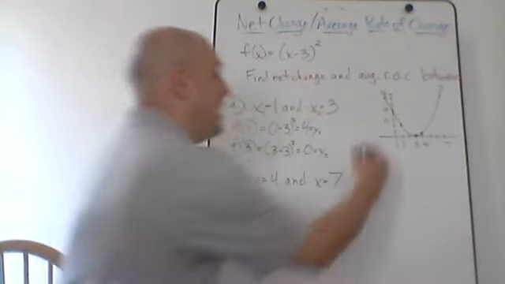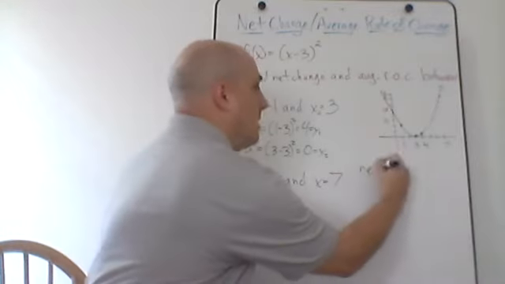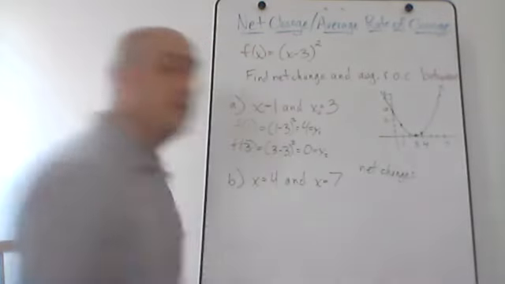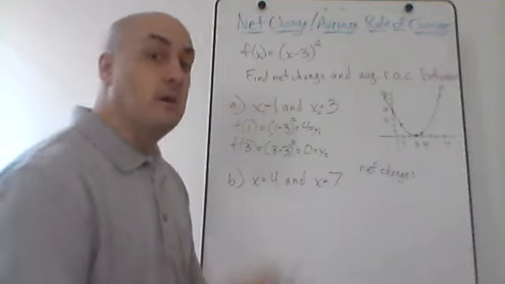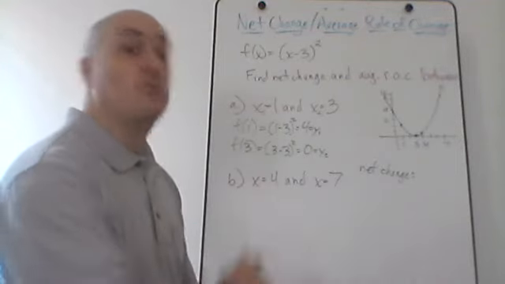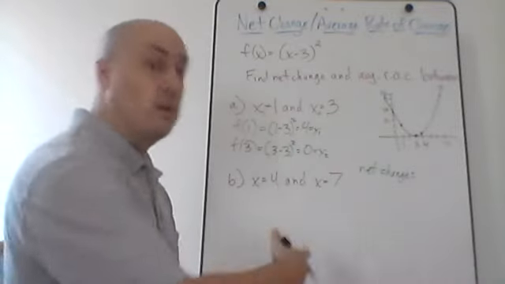To find the net change, and I really did not leave myself enough room to do this, I'll have to write it on the side here and then probably erase it later. Right, so the net change for this first one, remember, net change is just the difference in the output values, the difference in the y values. Just be careful, right? For net change, it always has to be the y2 minus the y1, or the f of b minus the f of a, the one on the right minus the one on the left, right?